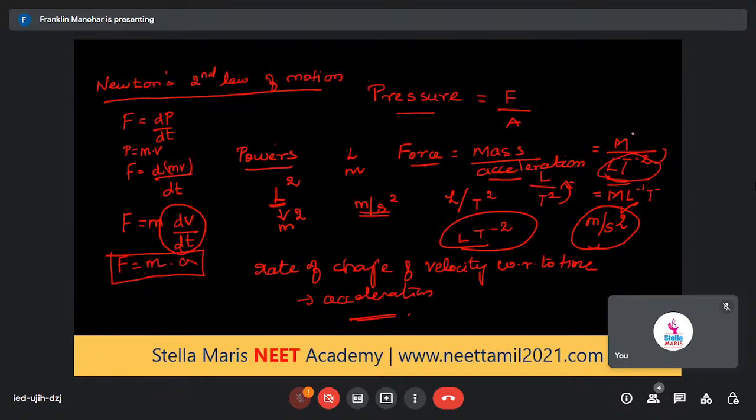Okay, so mass 1, acceleration. So force is equal to m into a. Force equal to m into a. So mass m, acceleration L T to the power -2.